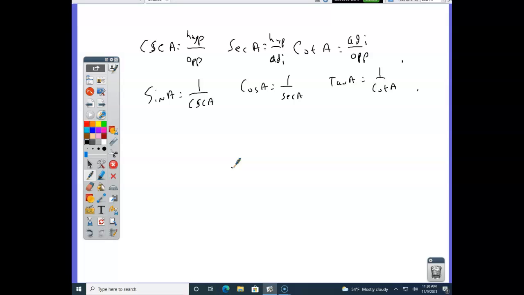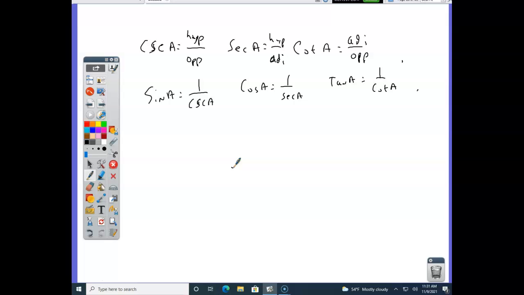And cosecant has a co in it, so it goes with sine, because it doesn't have a co in it. So cosecant is with sine, secant is with cosine, and cotangent's obviously with tangent. And they're just flipped. That's about all you need to know about cosecant, secant, and cotangent. We're not going to spend much time on them, except that you have to know them somewhat.